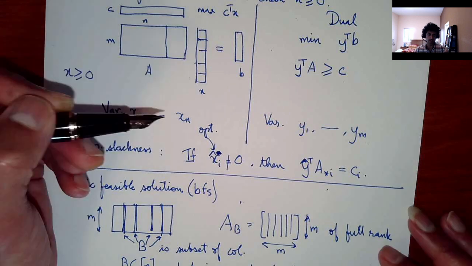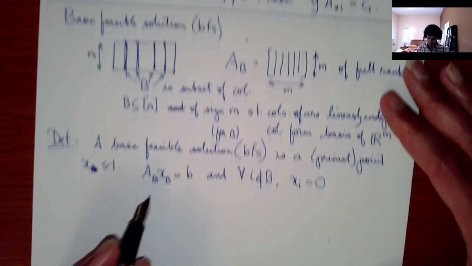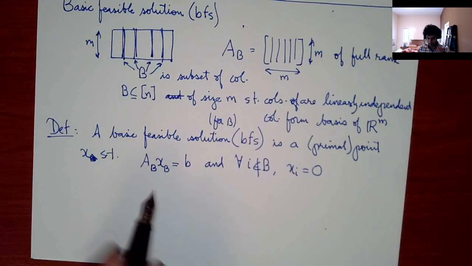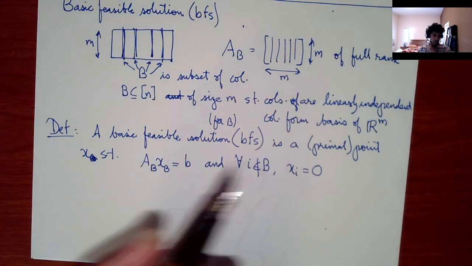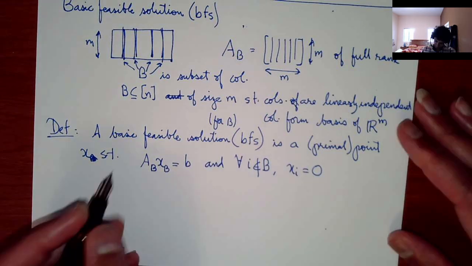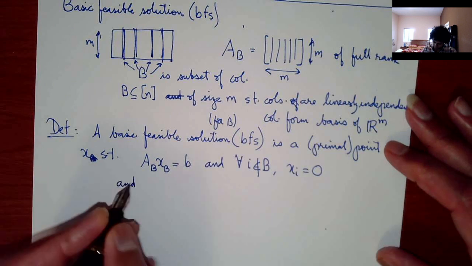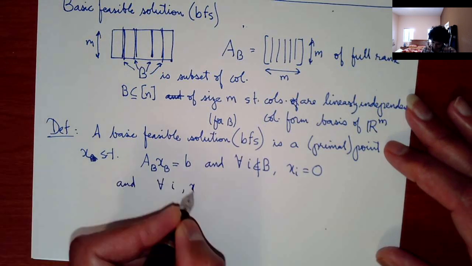And that gives me xB. Right? So I simply solve this. This is a much simpler system. This is just a full rank system. So I solve AB xB equal to b. I set everything else to be zero, so it satisfies these conditions, and for all i, xi is greater than or equal to 0.